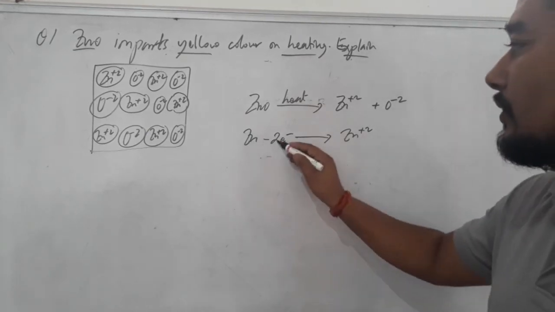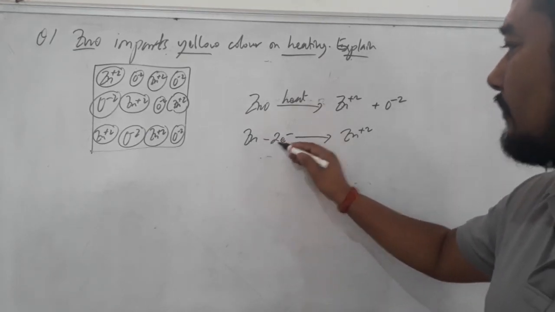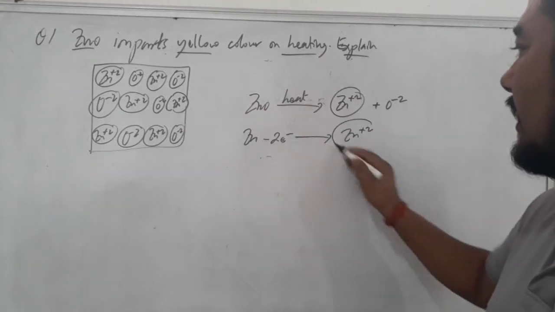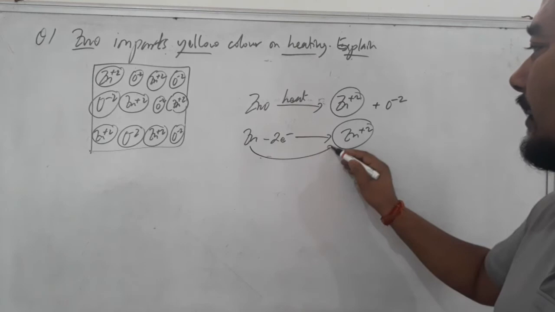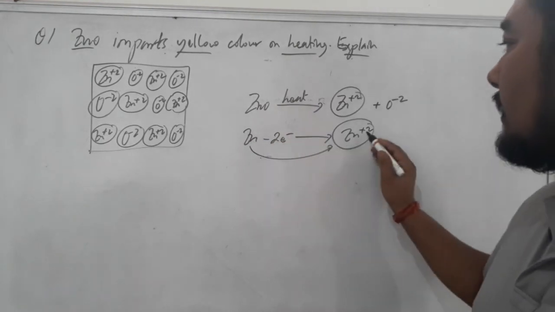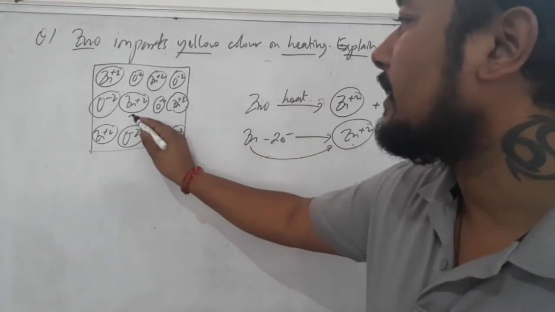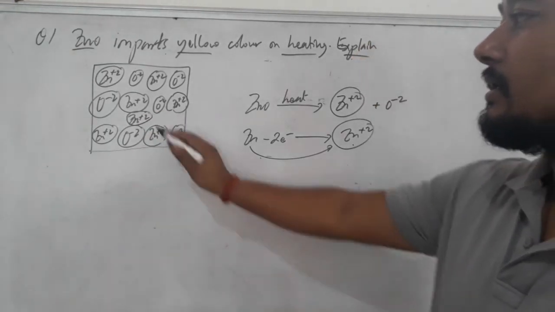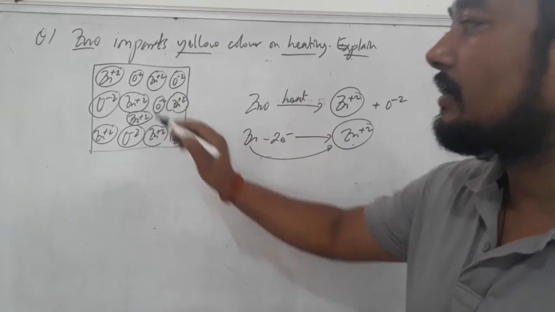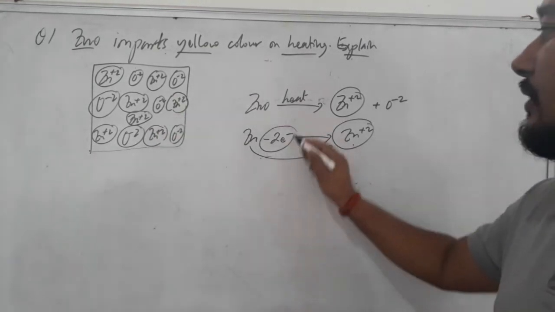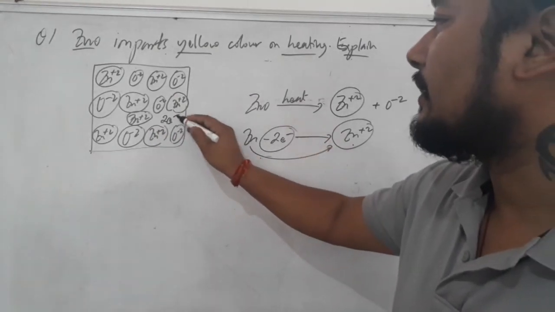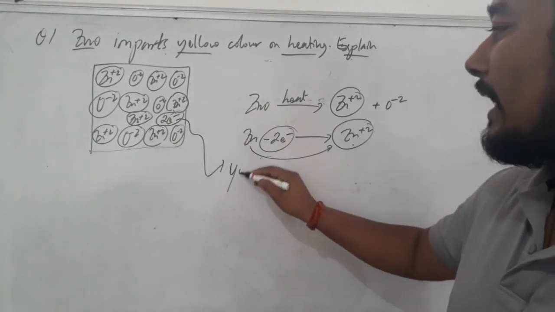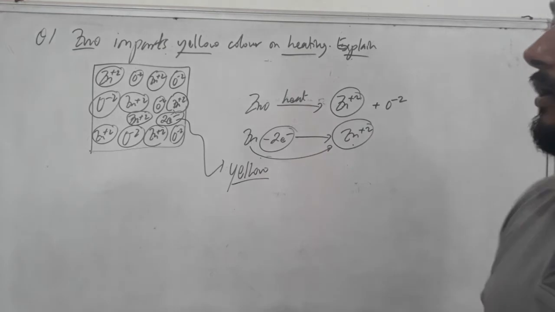So zinc will lose 2 electrons and convert to zinc ion. This zinc ion will go and occupy the interstitial site, an extra zinc ion in the interstitial site. So now here is metal excess due to interstitial cation, and this electron also gets entrapped in that interstitial position, and this electron helps zinc oxide to impart yellow color.